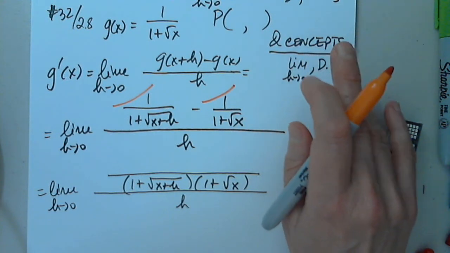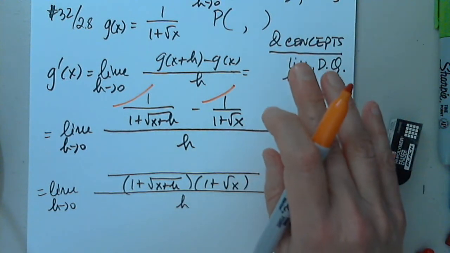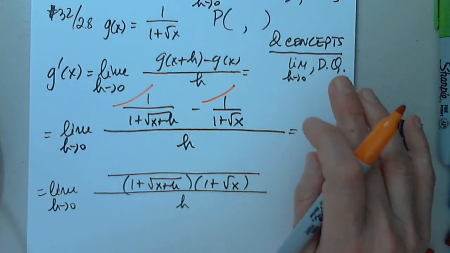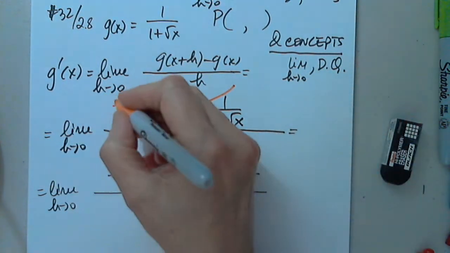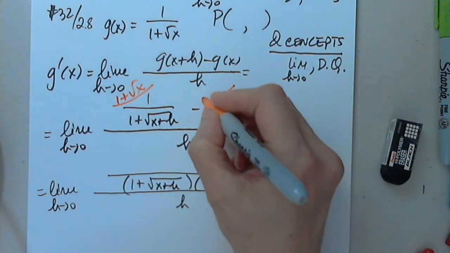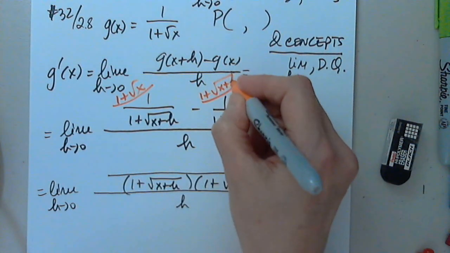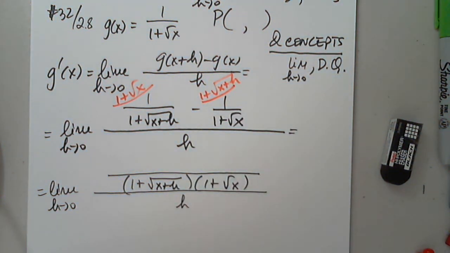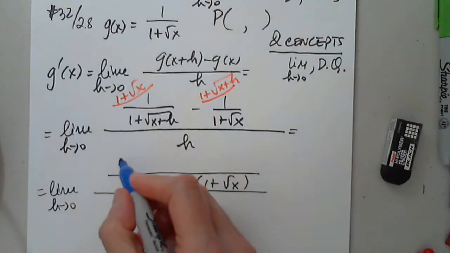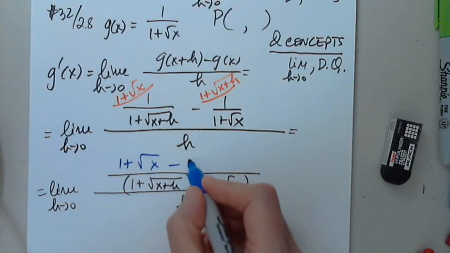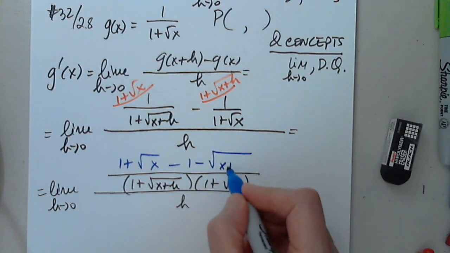That's why I don't present that method. But if it works for you, it works for me. So this is 1 plus the square root of x, and this is 1 plus the square root of x plus h. Is this okay? We understand what we just did, everyone? Yeah. Okay, so then in the next step, I have 1 plus the square root of x minus 1 minus the square root of x plus h.